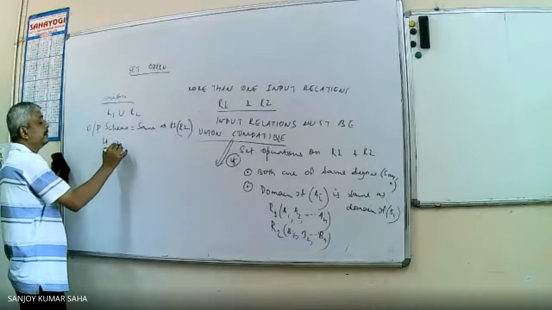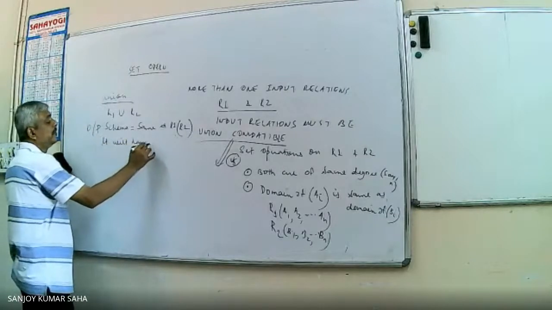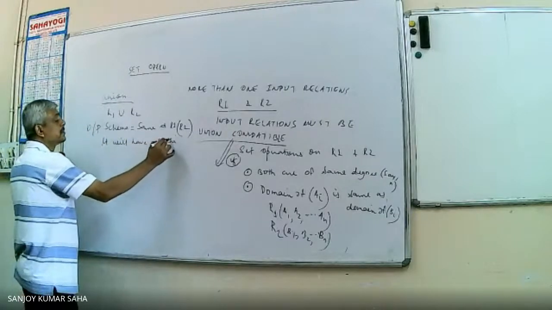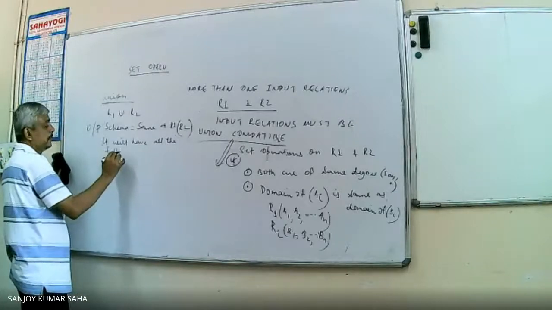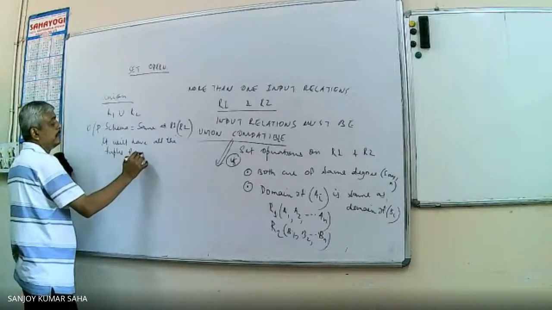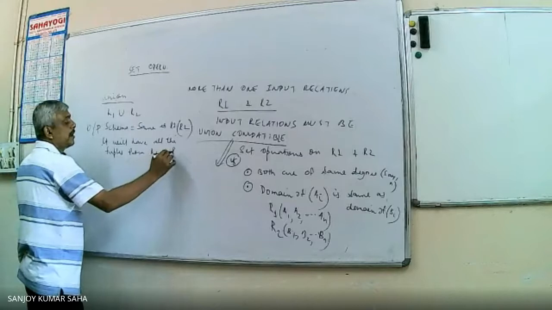It will have all the tuples from R1 and R2.